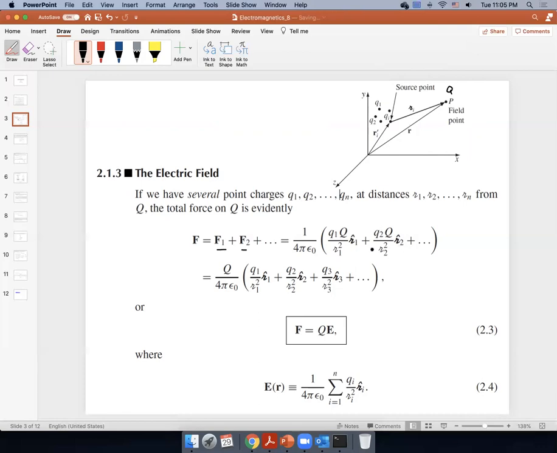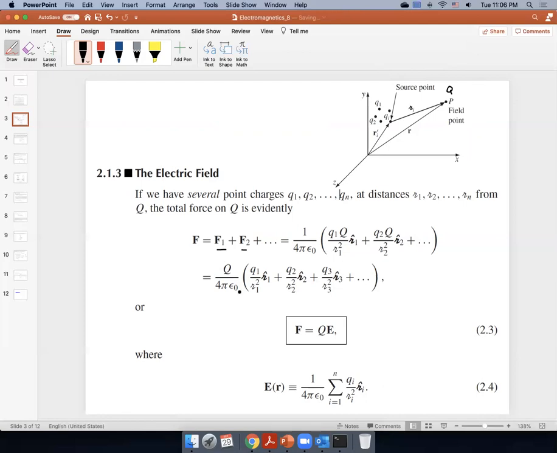For F2, it's similar; the difference is Q2 and R2. So for all the charges, you can calculate the force from each source charge. And then if you sum, finally you get the net force in this form: the test charge Q over 4 pi epsilon 0, which is a constant, times Q1 over R1 squared in the R1 direction, plus Q2 over R2 squared in the R2 direction, until Qi.